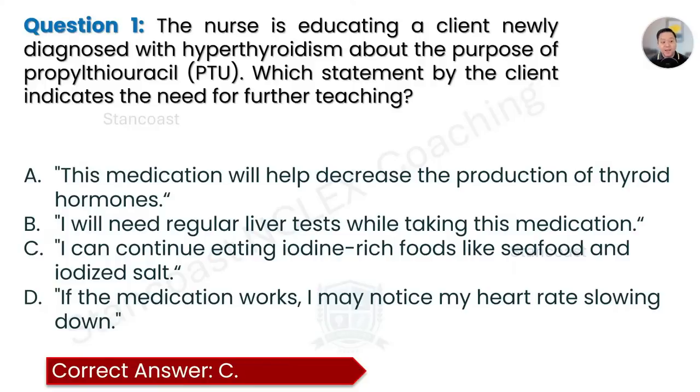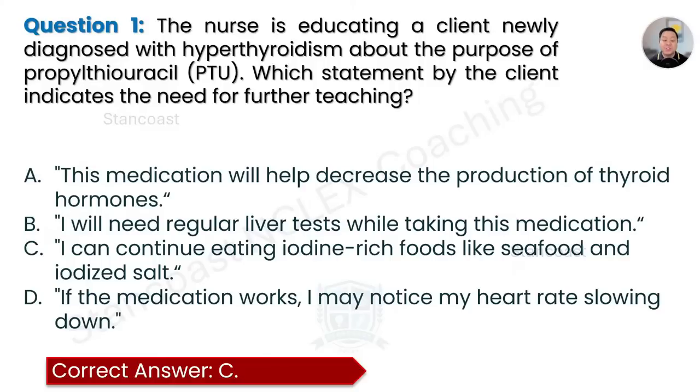So our incorrect answers include letter A. This statement is basically reflecting understanding. We know that propylthiouracil is an anti-thyroid medication that inhibits the synthesis of the thyroid hormones by interfering with the enzyme thyroid peroxidase, which is very important for the production of T4 and T3.